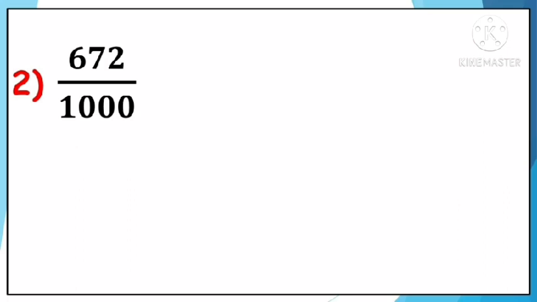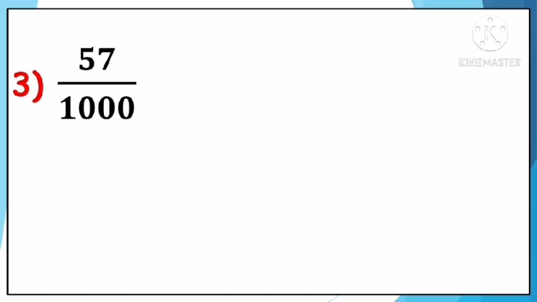672 upon 1000. Yes, this can be easily represented as 0.672. Great. Now comes the third fraction. 57 by 1000.